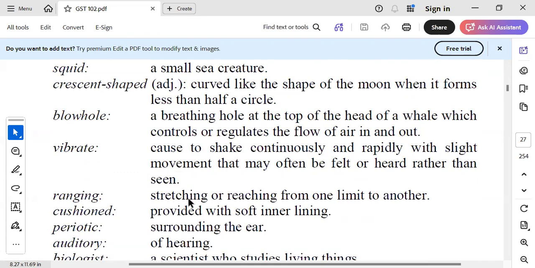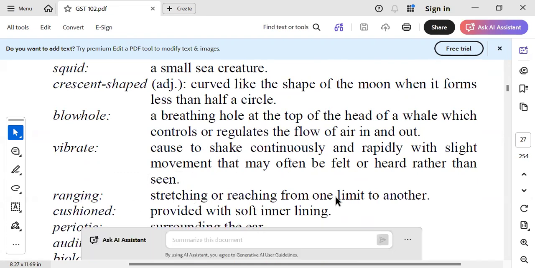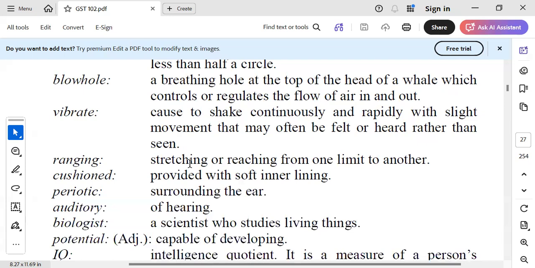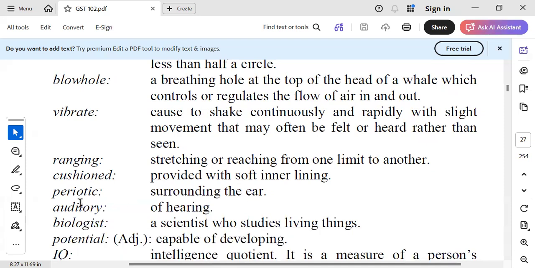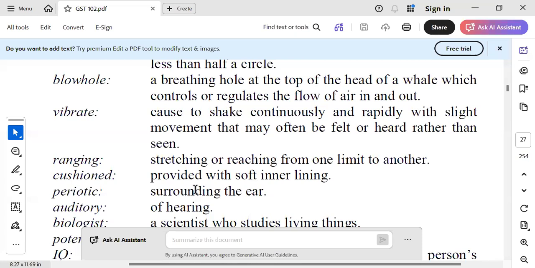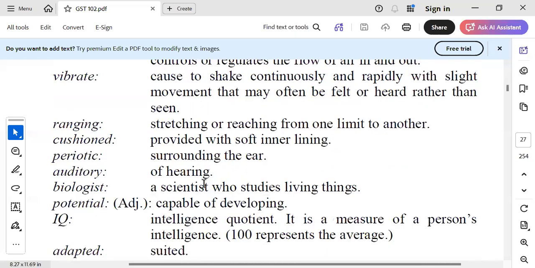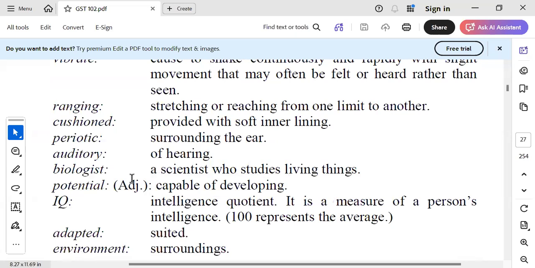Now, ranging means stretching or reaching from one limit to another, while cushioned means provided with soft inner lining. Periodic means something surrounding the ear. Auditory, of course, hearing. Biologist, a scientist who studies living things.